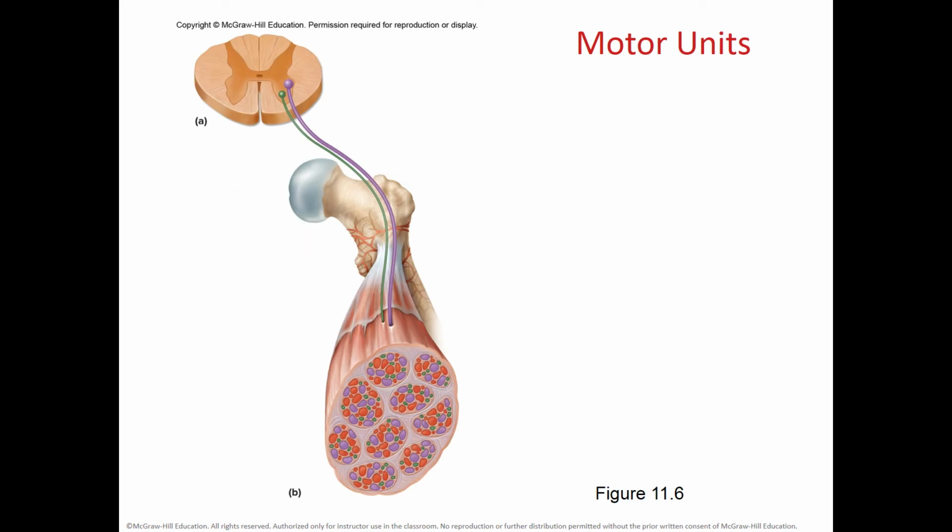So in this case, you produce a gross movement. So this is what the motor unit looks like. So you have two individual motor neurons, like this one in purple and this one in green, and they connect to individual muscle fibers, and then they can produce this contraction of the muscle fibers.